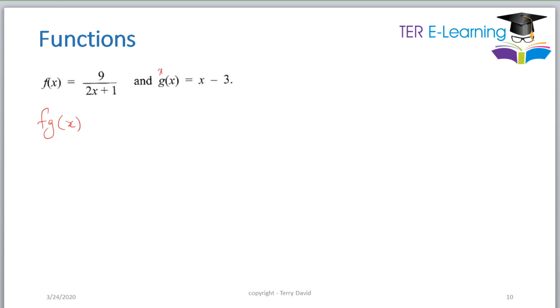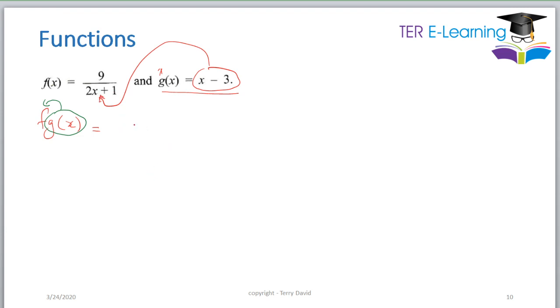Now, what I need you all to remember is when we are talking about a composite function, we are taking this and we are substituting into that. So if they want the composite function fg of x, I'm going to take whatever g of x is and plug it into the next function. So you see this value here, x minus 3. I'm going to take that and substitute it for x into this here.